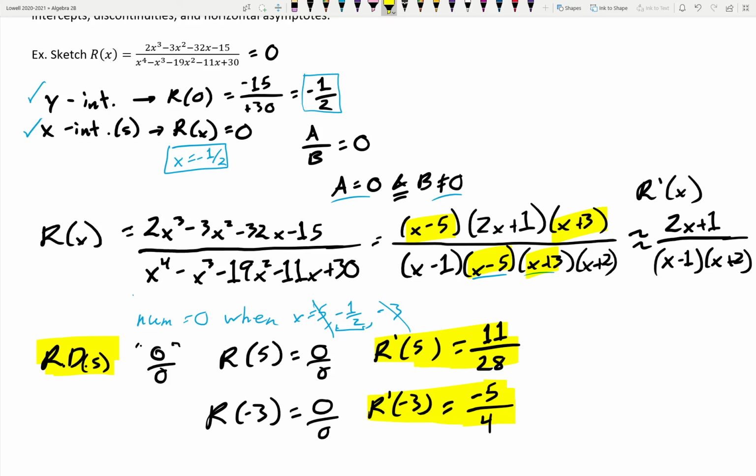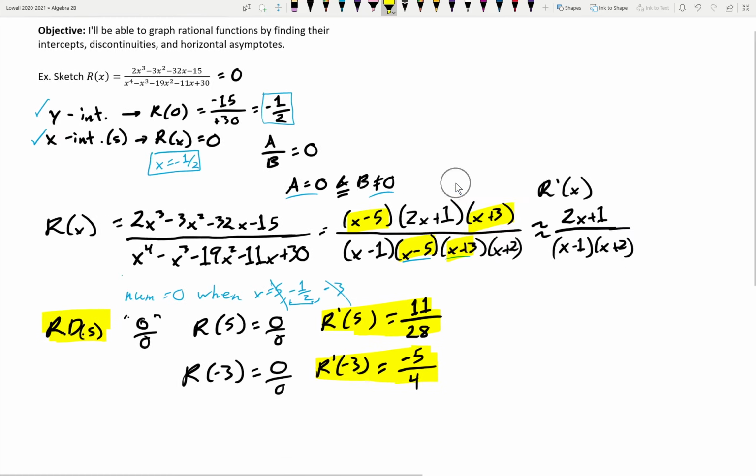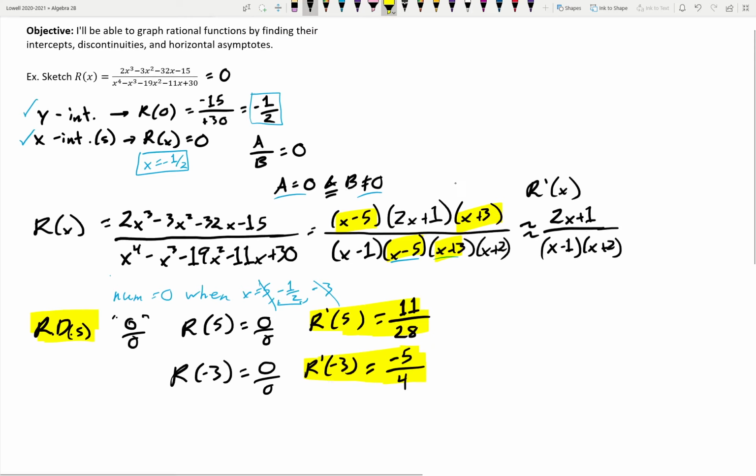One more piece, and again there's a bunch of pieces here, is to find our vertical asymptotes. Again, these aren't too bad because we're just looking for when we get non-zero over 0. This is why we factored it, because this makes our life so much easier. The factoring part's honestly the hard part, and the actual sketching of the graph can be a little tricky.